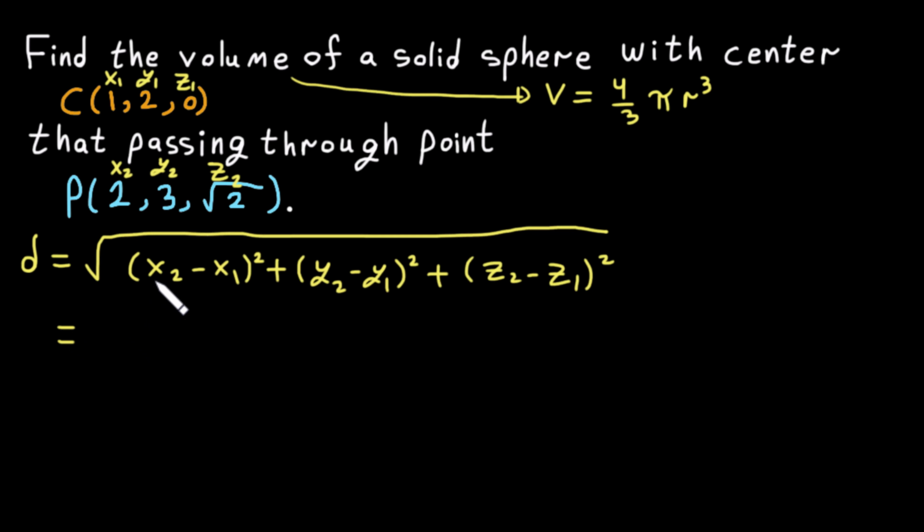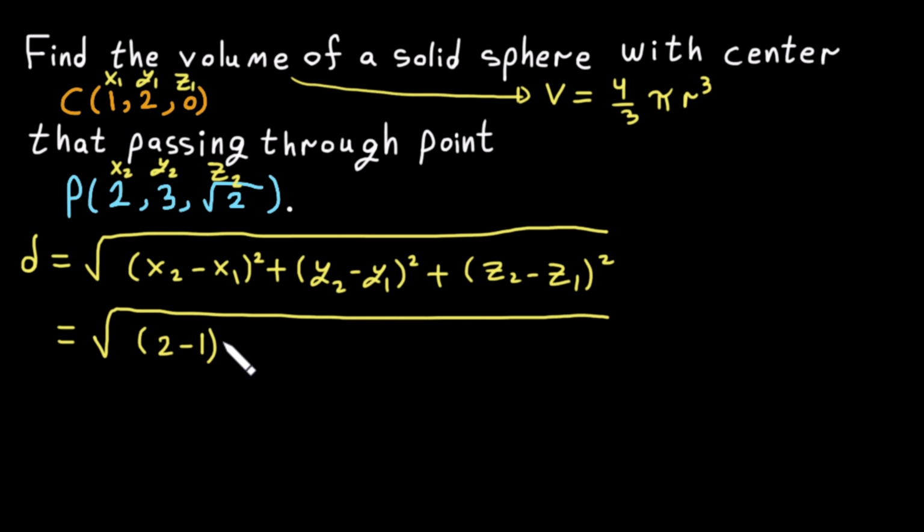So again, the square root of x2, which is 2, minus x1, which is 1, squared, plus y2, which is 3, minus y1, which is 2, the whole thing squared, plus z2, which is the square root of 2, minus z1, which is 0, the whole thing squared.